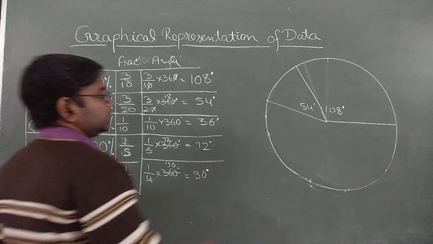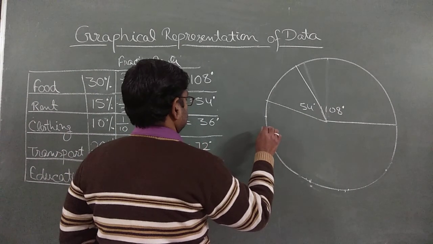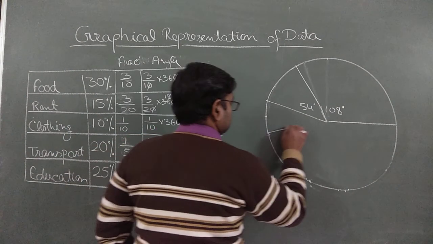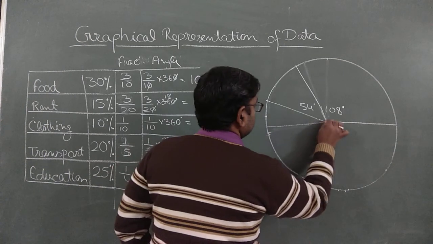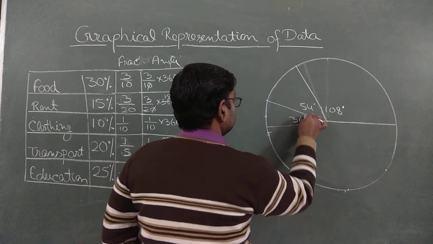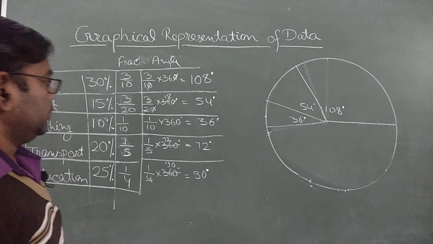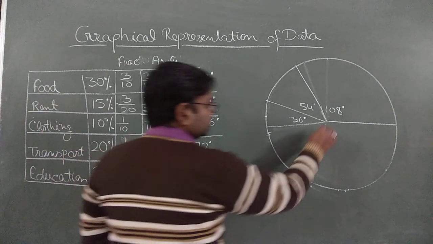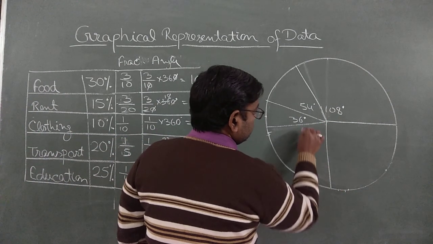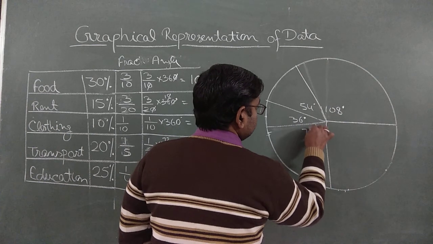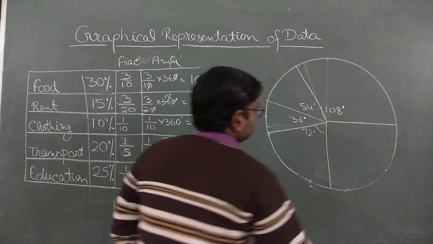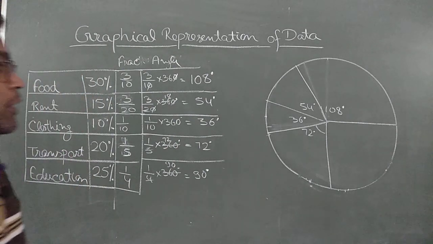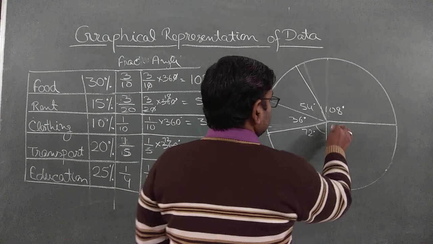Now 36 degree. No, it's not, a little bit smaller. It's a 36 degree. Then the next, 72 degree, must be this one. This must be 72 degree. Yes, this is your 72 degree, and this is your 90 degree.